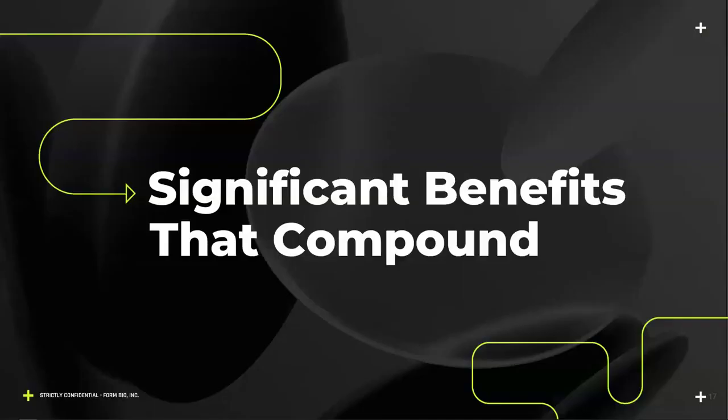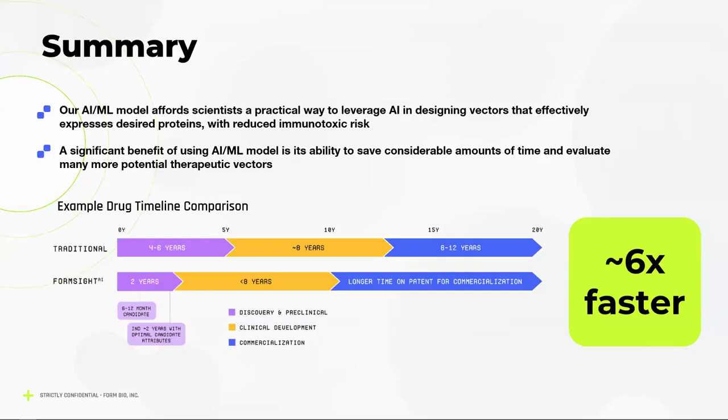So coming to the biggest value proposition of using AI/ML models specifically for designing gene therapy vectors, it is that it helps us identify the vector designs that have the best outcomes. And so this reduces the trial and error cycles and also helps to accelerate the development of drug substance.